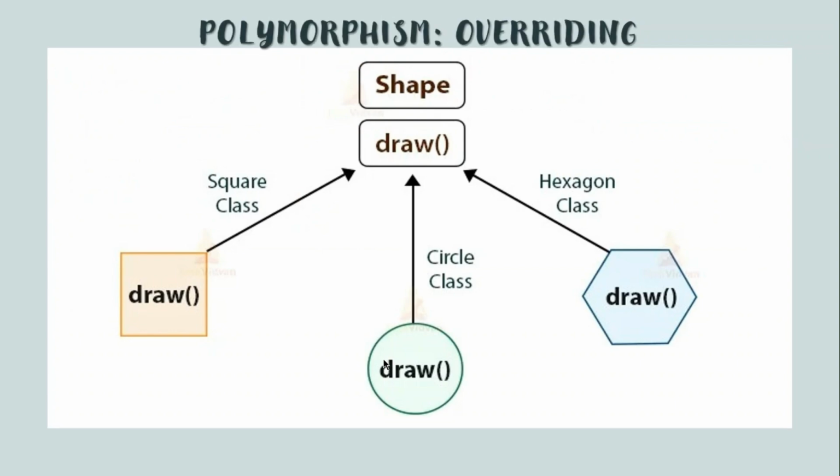As you can see in this picture, this is an example of a superclass called Shape, and we have subclasses like, for example, the Hexagon class, Circle class, and Square class. All of these are subclasses, and the superclass is Shape. The method we are talking about is draw, and as you can see there are no parameters, so I can give the other subclasses the ability to deal with it. For example, if I put x and y, then maybe this is not going to work for the Circle subclass.